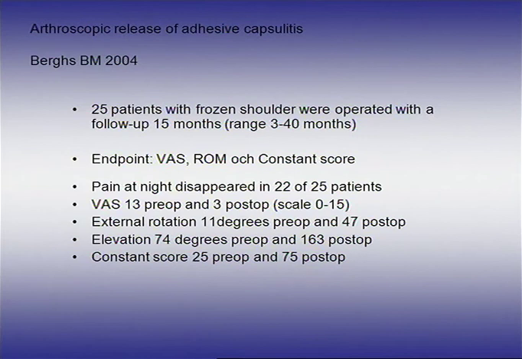The VAS scale was decreased. The external rotation and elevation motion was markedly increased, and the constant score increased from 25 to 75 points postoperatively. But there is no control group, and we do not know how this differs from the natural course or not.